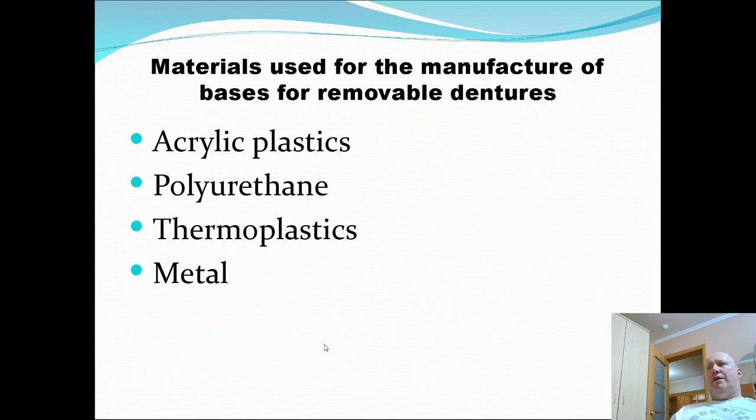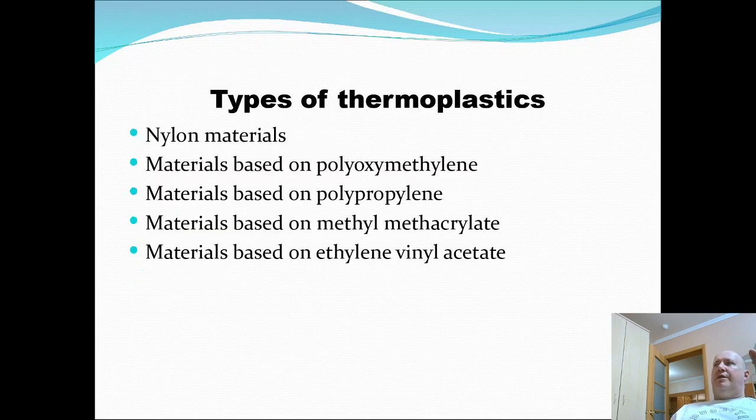Materials that are used for the manufacturing of bases for removable dentures. First, acrylic plastics, polyurethane, thermoplastics, and metal. Types of thermoplastics: nylon. Nylon is very widely used. Material based on polyoxymethylene.